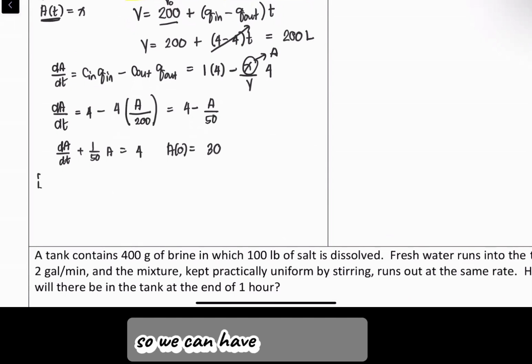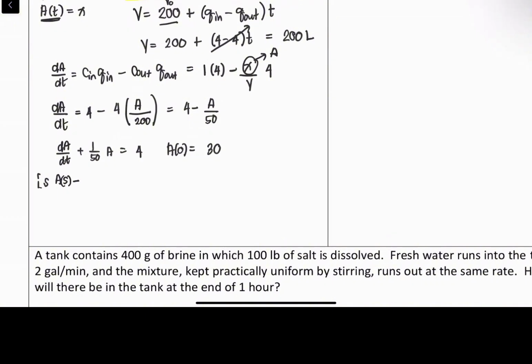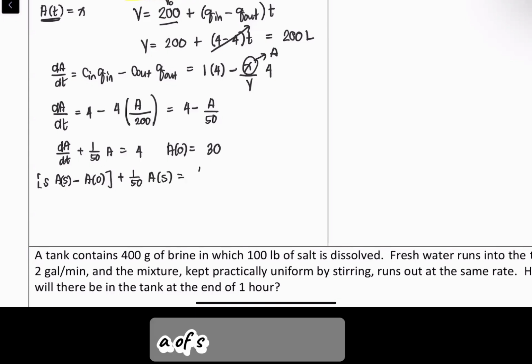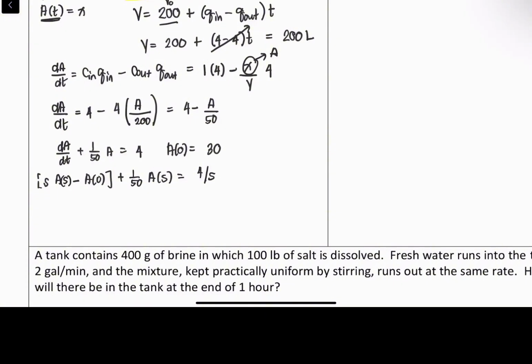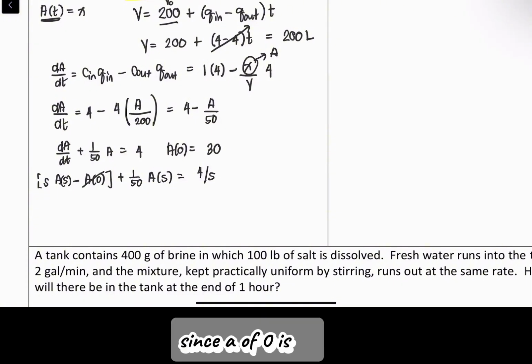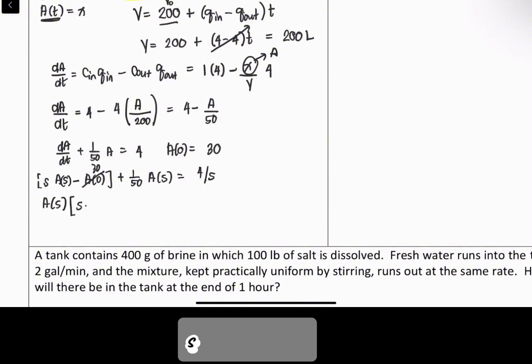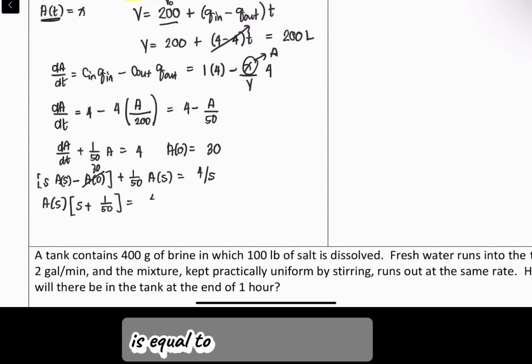So we can have s A of s minus A of 0 plus 1 over 50 A of s equal to 4 over s. Since A of 0 is 30, we can have A of s times s plus 1 over 50 is equal to 4 over s plus 30.